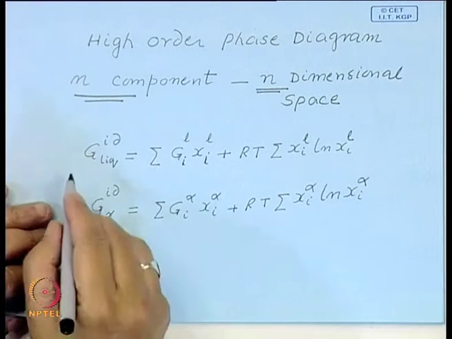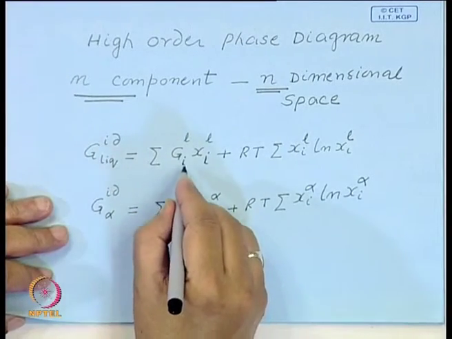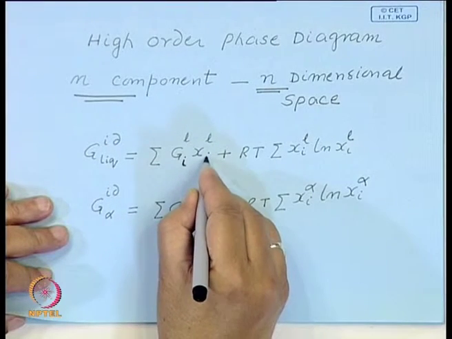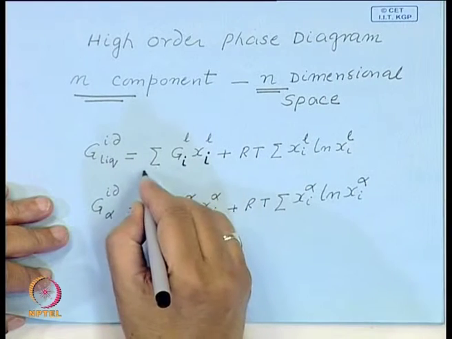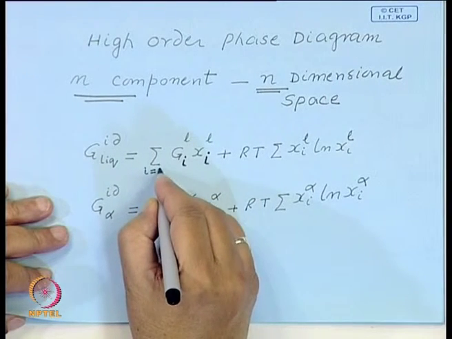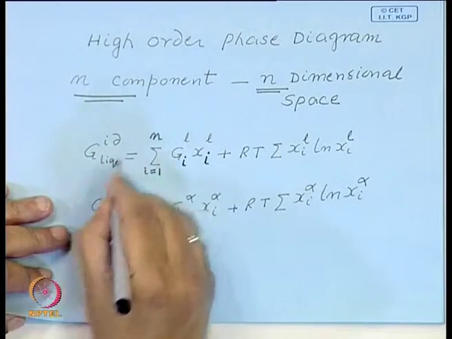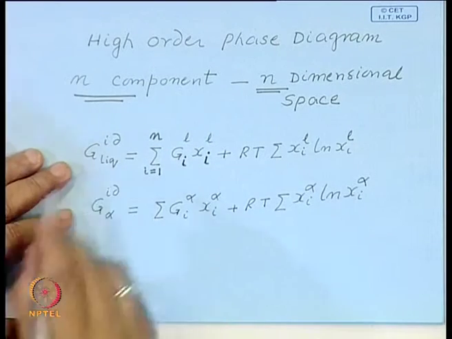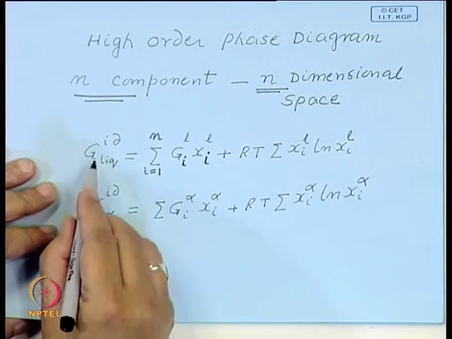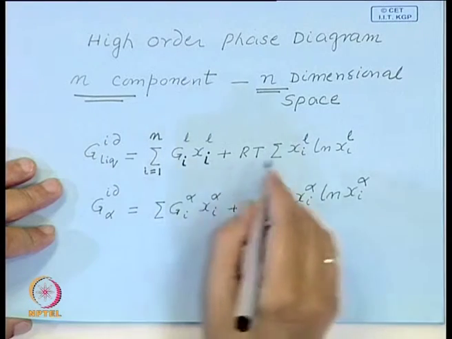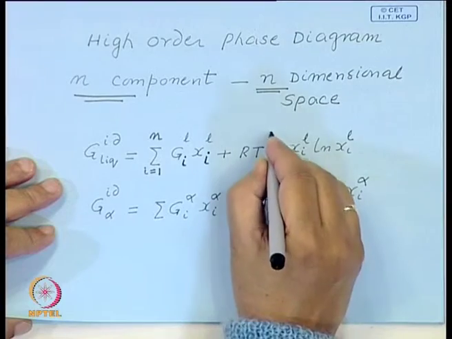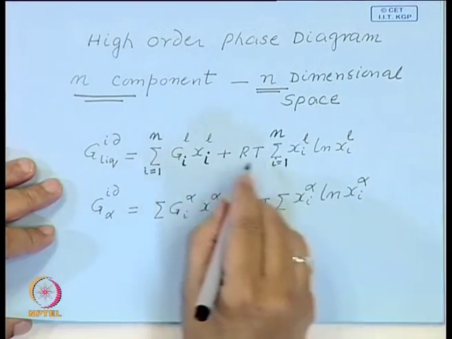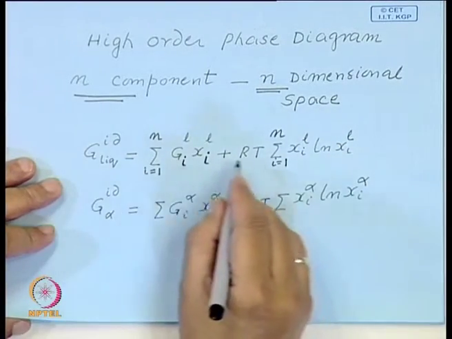Suppose we say that i represents a particular component, and this i extends from, let us say, 1 to n. If we assume the solutions are ideal solutions, then the free energy of the system, that mixture, will be represented by these.